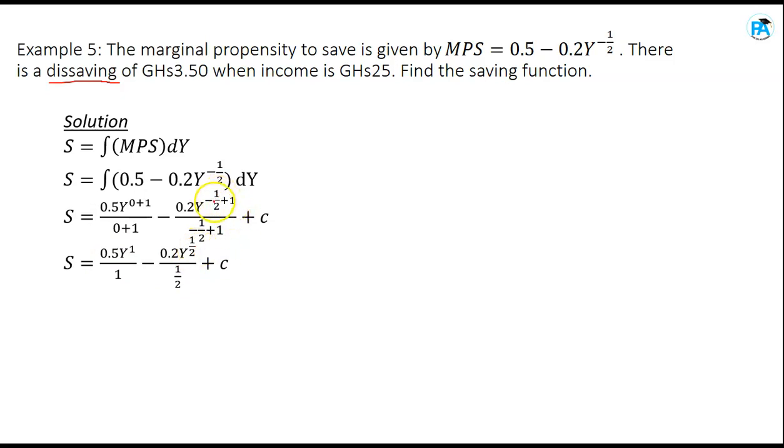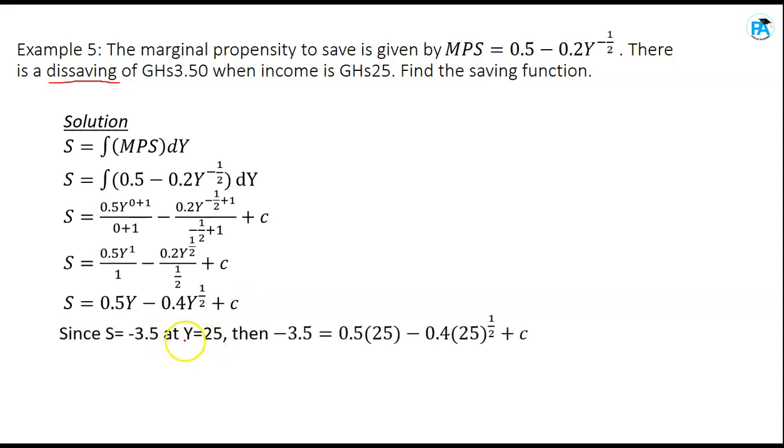The reason is negative 1 over 2 plus 1 gives you 1 over 2, okay? Then divided by 1 over 2 plus c. So when you simplify this further, you get 0.5y minus 0.2 divided by 1 over 2. 1 over 2 is the same as 0.5, okay? So 0.2 divided by 0.5 gives you what? 0.4. So y exponent 1 over 2 plus c.